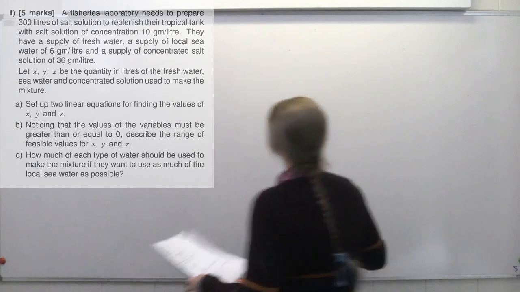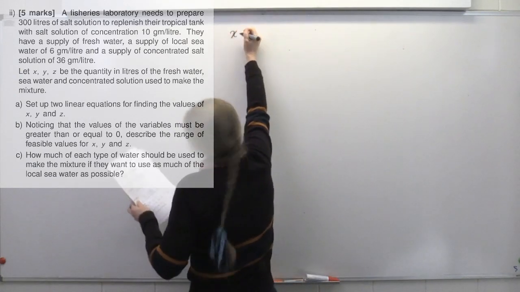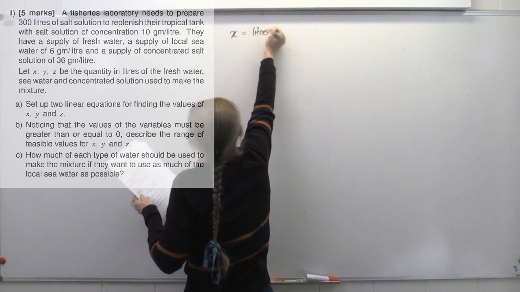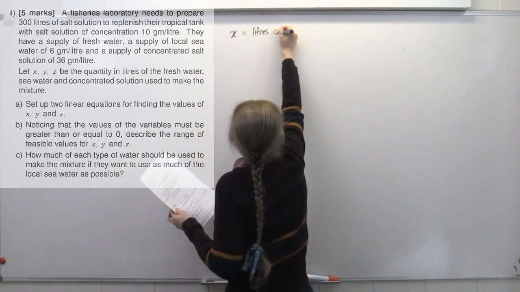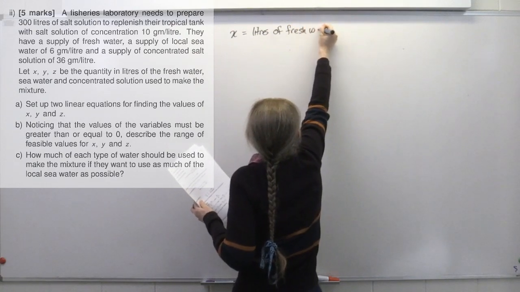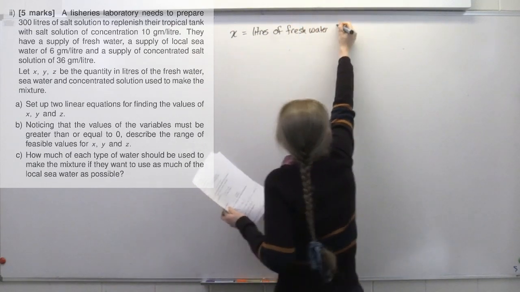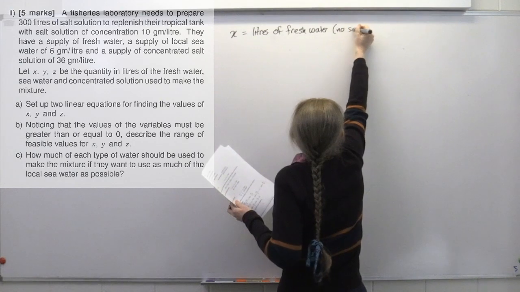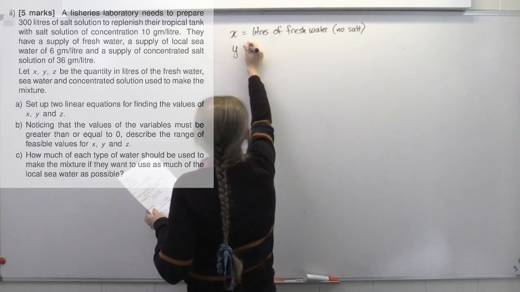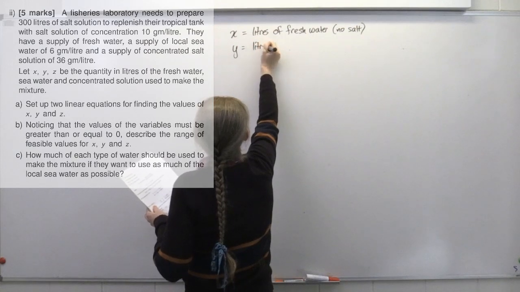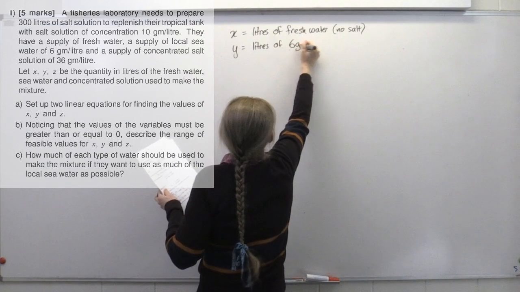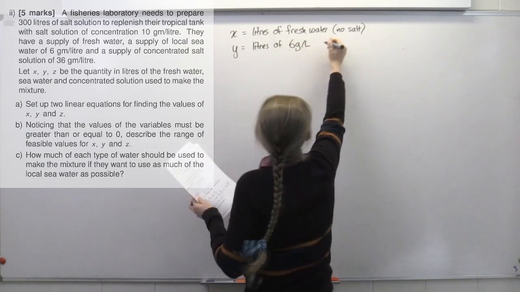All right, so X is the litres, or the volume, of fresh water. In other words, that's no salt, right? Y is the litres of 6 grams per litre seawater.